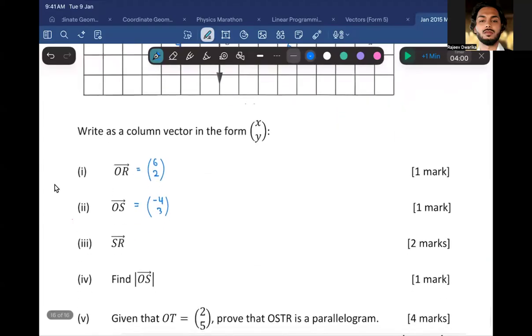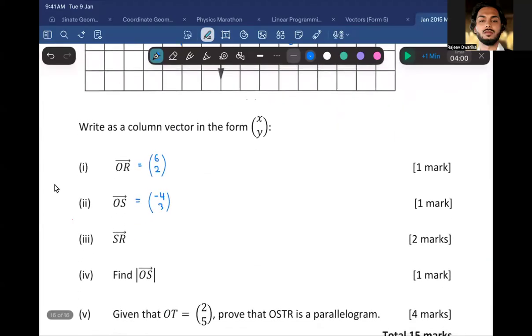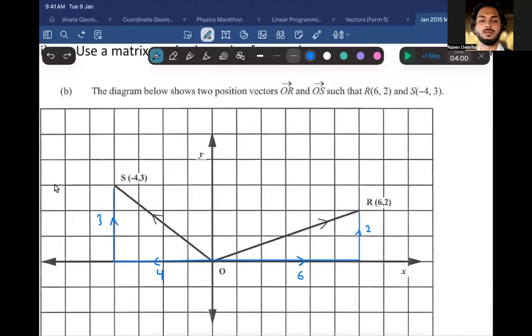So Mira, in part 3, they want us to go from what point to what point? S to R. So if I want to go from S to R, wouldn't S to R be this line segment over here?